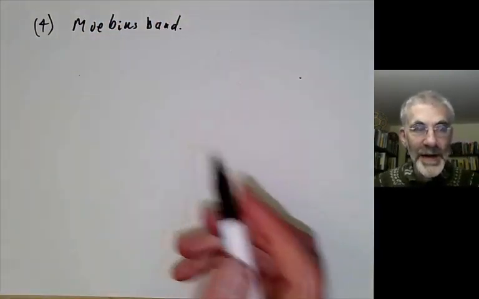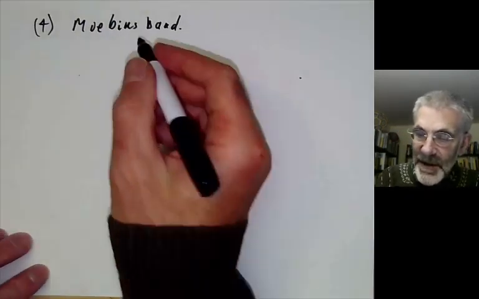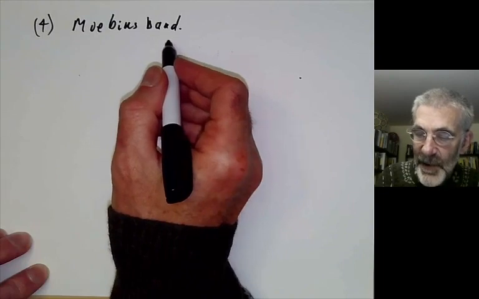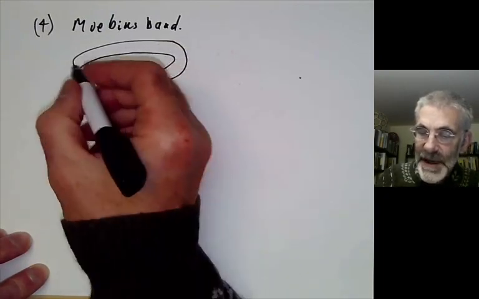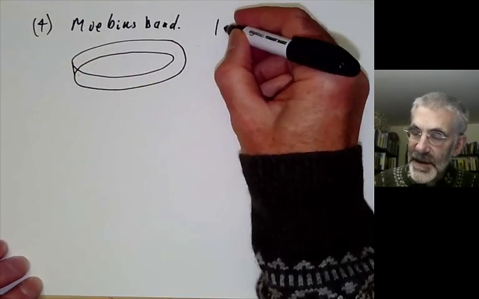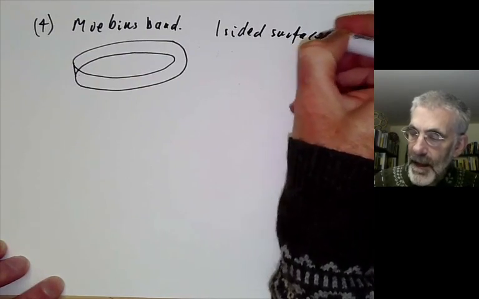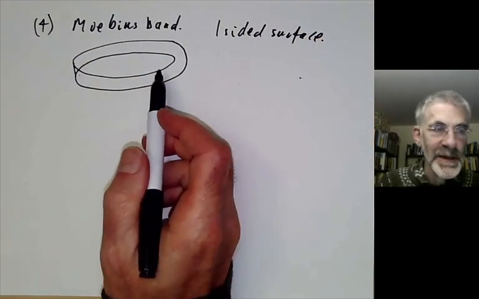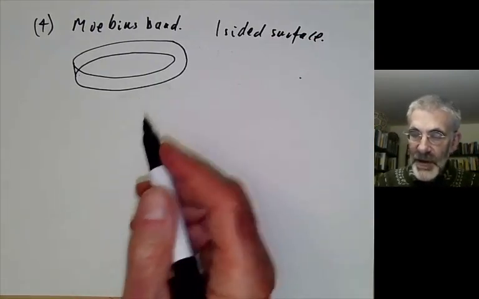So the Moebius band is this one-sided surface. You probably did this in high school math classes or something. You take a strip of paper and you join its ends together so you get a sort of twist in it and you get a one-sided surface. Well, you may think this one-sided surface doesn't look very much like a module. So how do we make it into a module over a ring?